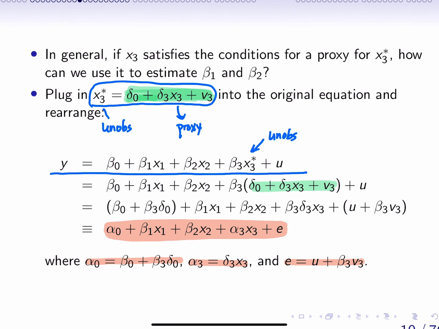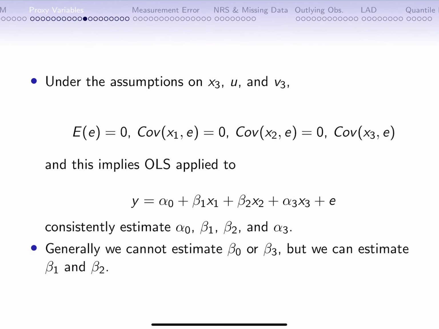Something that you want to keep in mind here is that you can still estimate. Notice that our beta 1 and beta 2 are not getting influenced. Those are attached to x1 and x2 just like before. So we are able to estimate those coefficients in an unbiased and consistent way by using a proxy. Okay, so remember that when using proxies, we can't estimate what we started with.